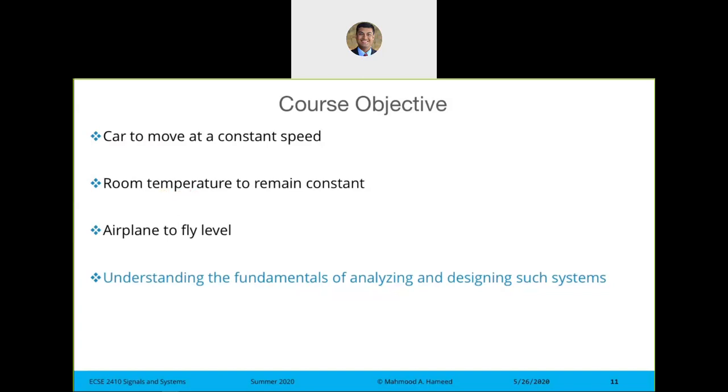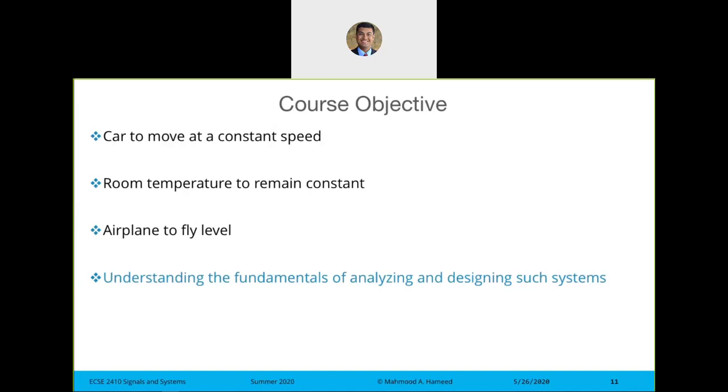So keep monitoring the temperature of a room as a function of time, and change based on the changes in the thermometer, like the monitoring of the temperature in a room. You can change the levels of your air conditioning. You can also apply that so that you can fly an airplane in a level fashion, or you can also think of it as a drone. So that will be our objective for the class.